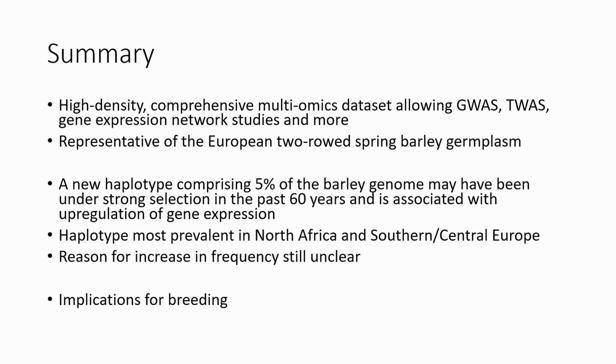And I gave an example of how we utilize this data to learn more about our European two-row spring barley population. And we've seen this haplotype on chromosome 5H that has risen so quickly in frequency in our population that it must most likely have been under selection for some reason.